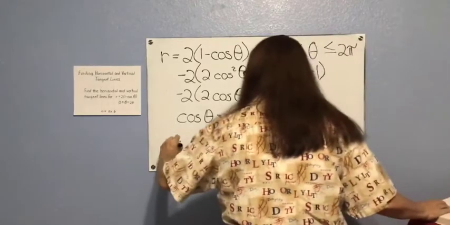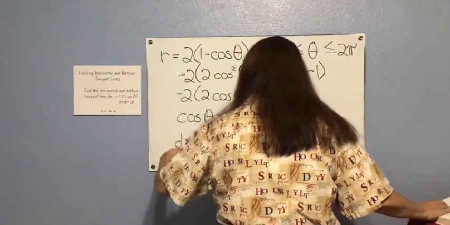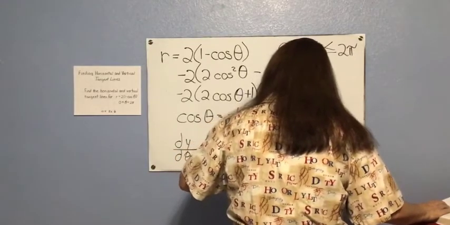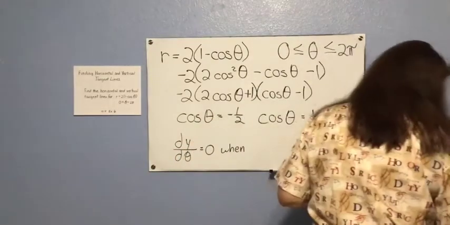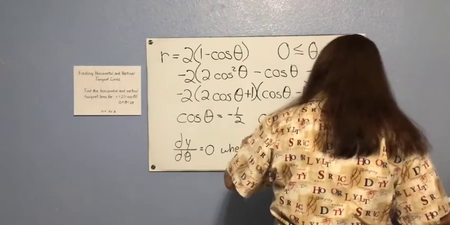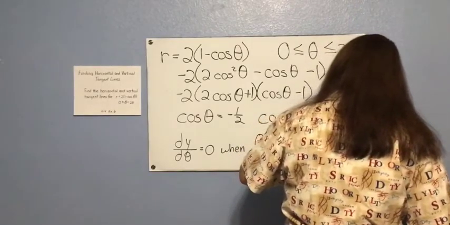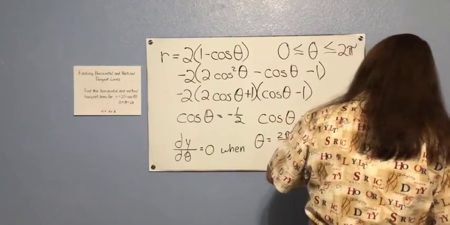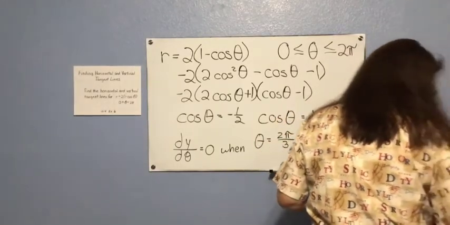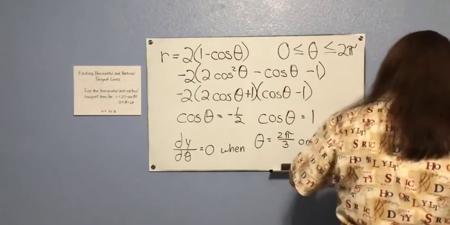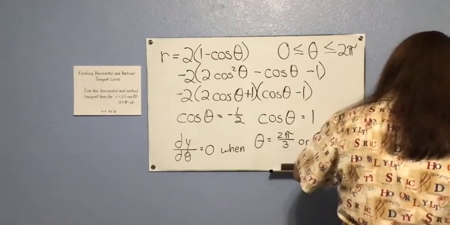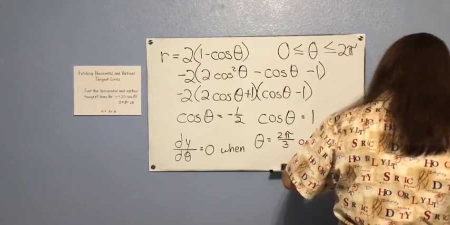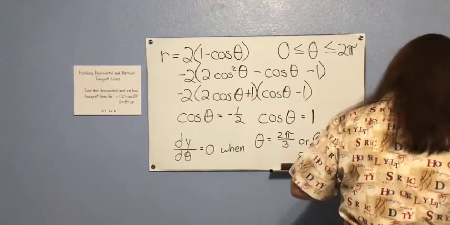So dy d theta equals 0 when theta equals 2 pi over 3 or theta equals 4 pi over 3 or theta equals 0.